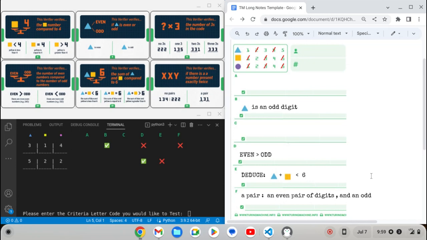And because it is less than 6, that means triangle cannot be a 5, because 5 plus the remaining evens are all greater. So it can't be 5. 3 is still viable, and obviously so is 1.